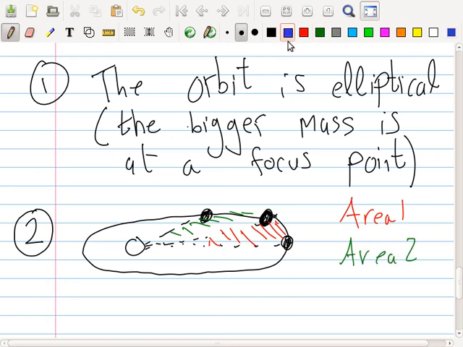So let's just imagine, for example, it takes the planet 1 day to do this, and then it takes another 1 day to do this. Just for a moment, it takes 1 day to go from here to here, and then 1 day to go from here to here. What Kepler noticed is the area in each piece is always the same.